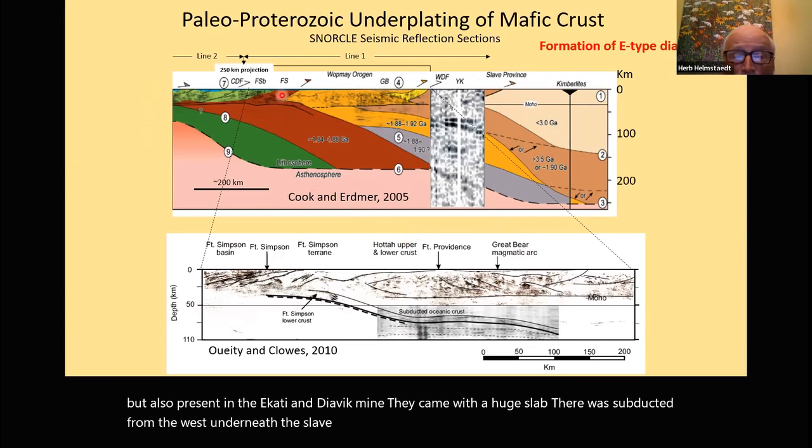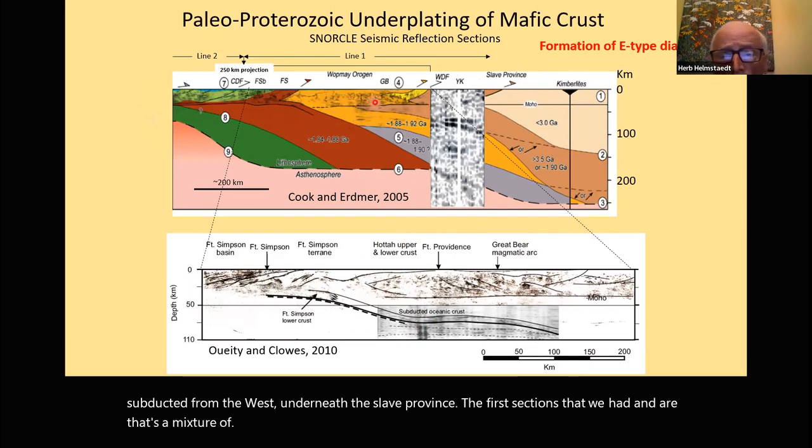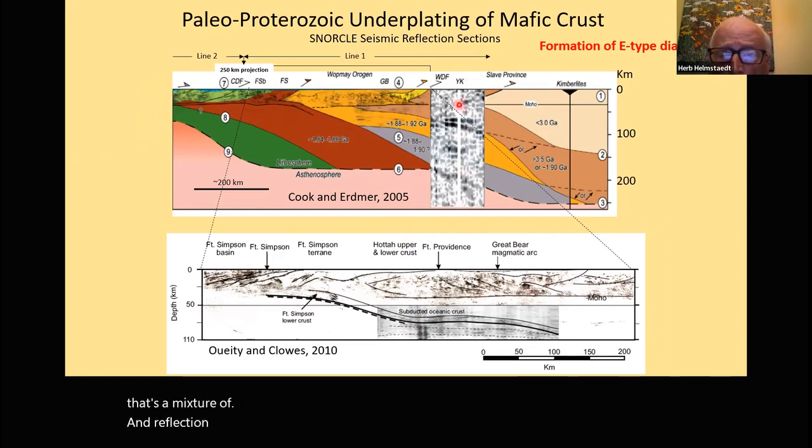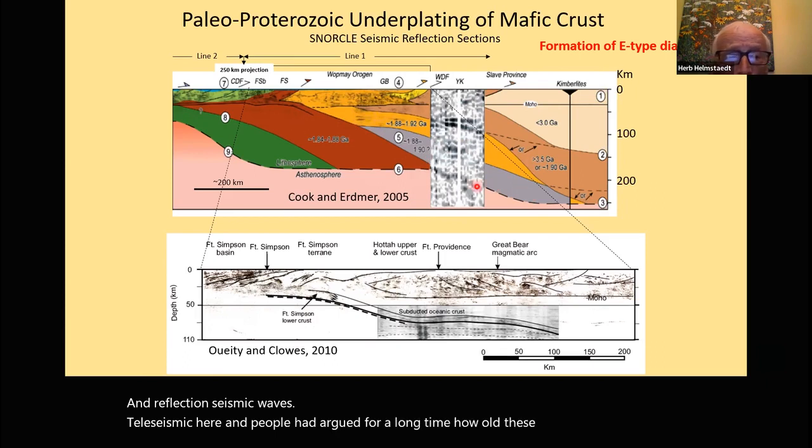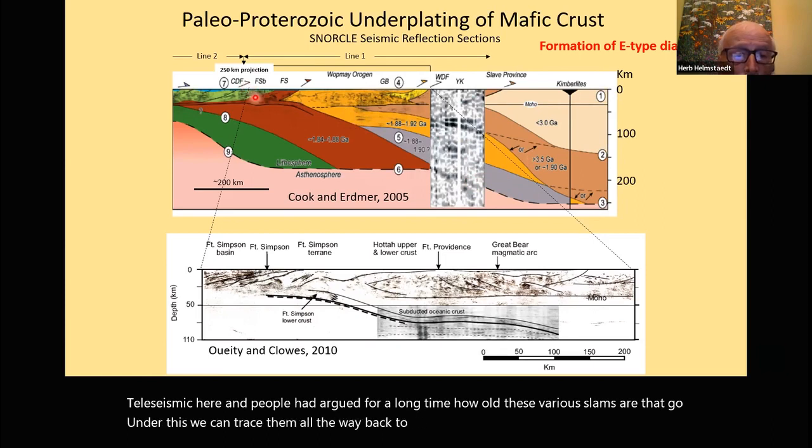The first sections that we had, that's a mixture of reflection seismic with teleseismic here, and people had argued for a long time how old these various slabs are that go under this. We can trace them all the way back to an 1800 million year old Fort Smith terrane.